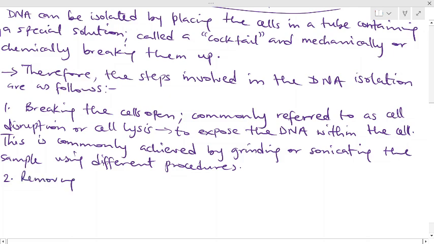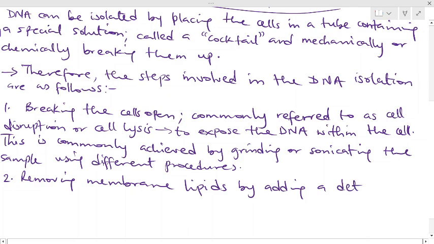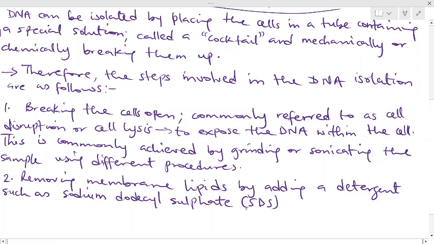After breaking the cell, you remove membrane lipids by adding a detergent, such as sodium dodecyl sulfate, your SDS.